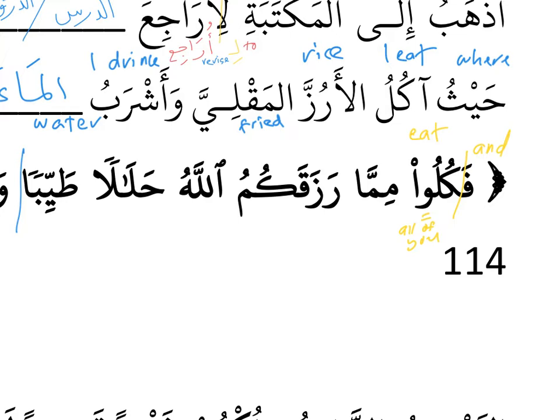We will learn this inshallah in the grammar lesson of the verb later. Fakulu, and eat, mimma, here we have a combination of two words. First is min, second is ma. Min is from, and ma is what? From what, or from whatever.